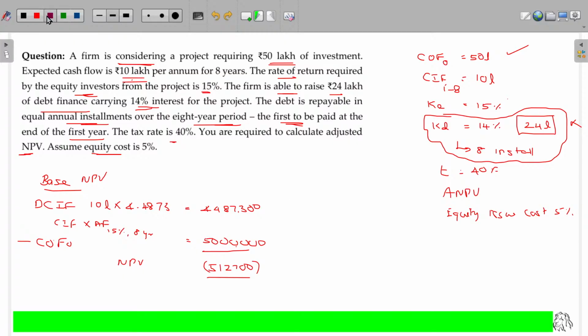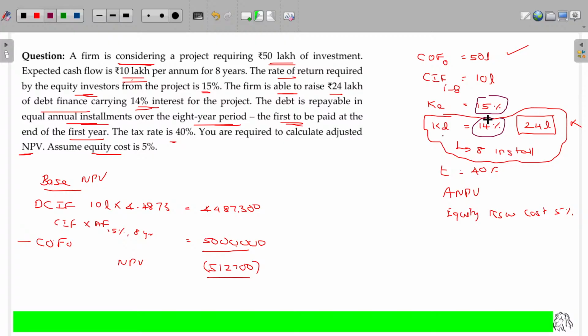Now, rather than issuing shares and collecting the requisite fund by issuing shares, which costs 15%, there is one more source of fund, which is KD, where it is cheaper, only 14%. Not only that, because of repaying the debt, there will be interest.